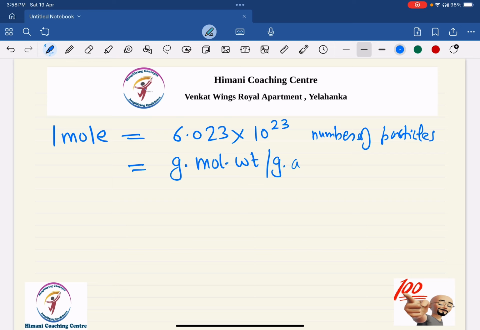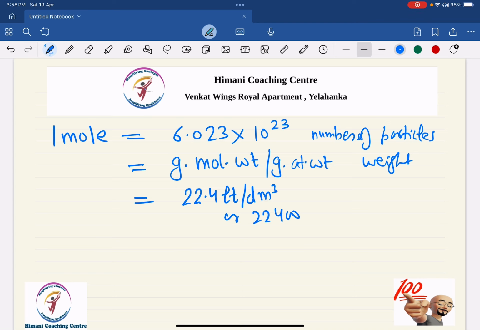And 1 mole of a gas would mean 22.4 liter or dm cube, or 22,400 centimeter cube of volume. So this is 1 mole.